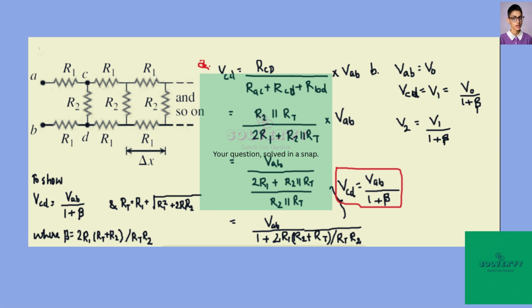Now what is V1? V1 is again V naught upon 1 plus beta, so V2 should be V naught upon 1 plus beta power 2. So look here: the subscript here and the power in 1 plus beta match. If you carry on, you get Vn equals V naught upon 1 plus beta power n.